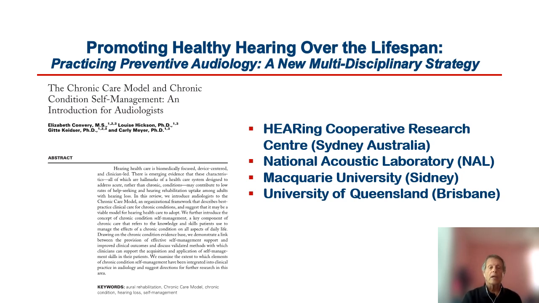Here's an article from a publication from Australia, where there's an entire systematic approach to looking at hearing assessment and management of hearing loss in the context of chronic health conditions, rather than just focusing on the audiological findings and on the audiogram specifically. So I encourage you to check out some of these articles as you begin to think about restructuring your audiological practice.